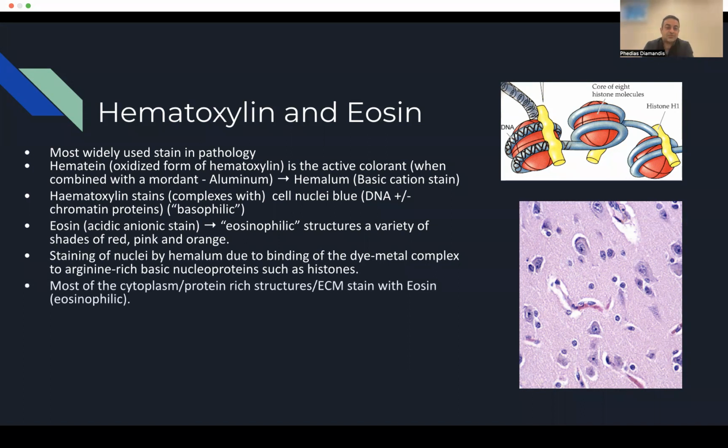Again, the staining is due to hematin forming a dimetal complex with the arginine-rich basic nucleoproteins of histones. And so it's good to know that if something is off, perhaps you have to look at the individual components to troubleshoot.